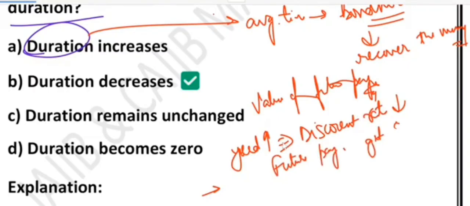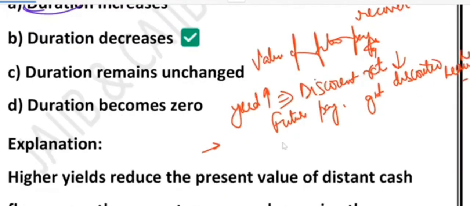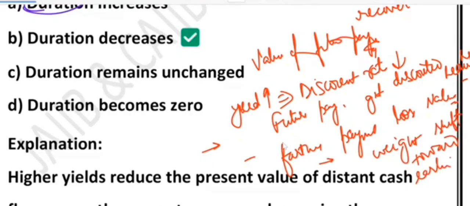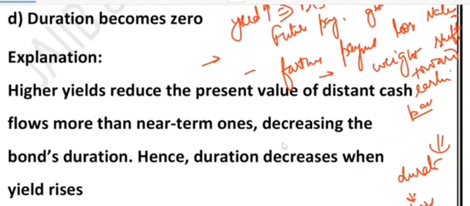That means the further payments lose more value compared to the nearer ones. So the weight shifts toward earlier payments, right? And since the weight shifts toward earlier payments, what happens? Your duration becomes short, or duration decreases, right?